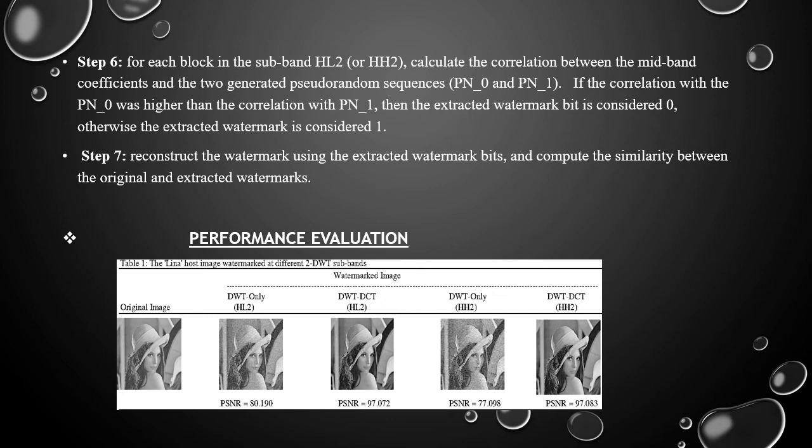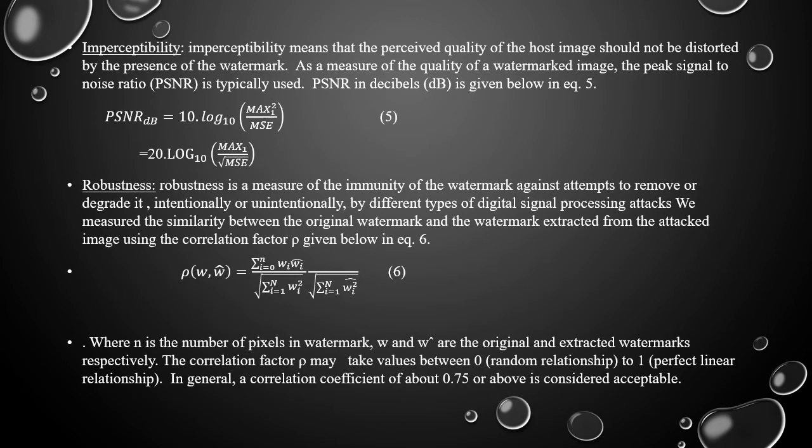When comparing the PSNR value between these images, we can see that the highest PSNR value is for the combined DWT DCT algorithm. The performance of the DWT DCT algorithm can be evaluated by checking two values.